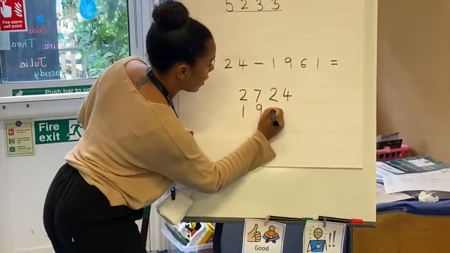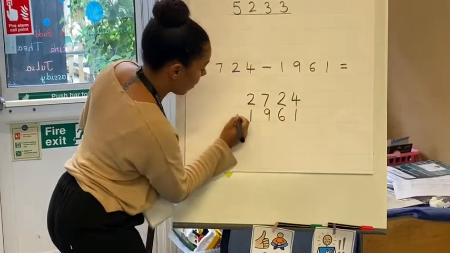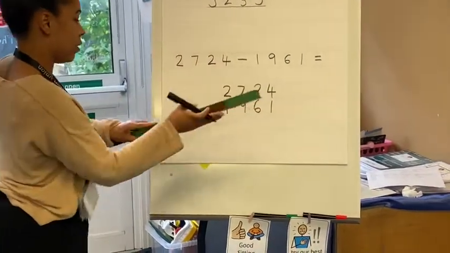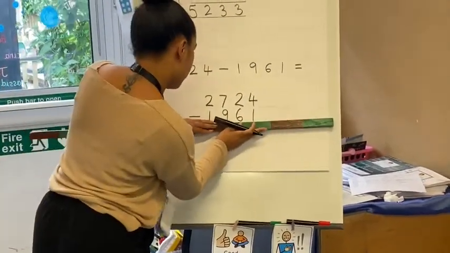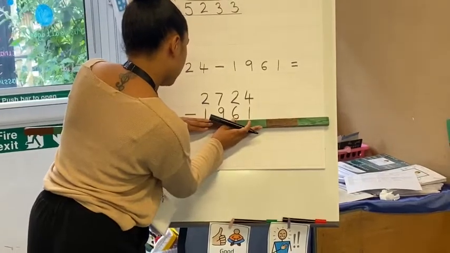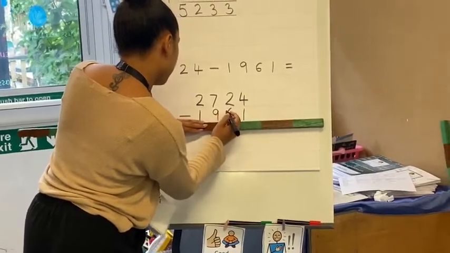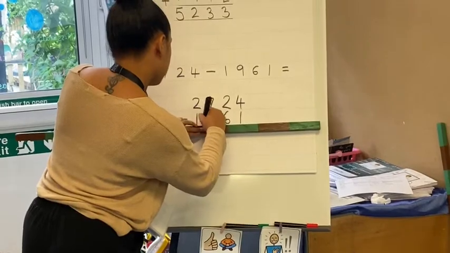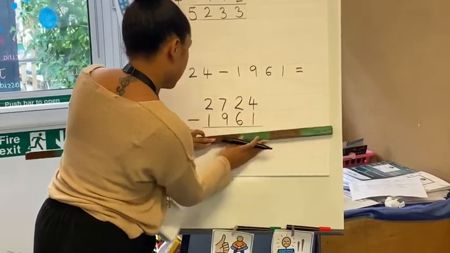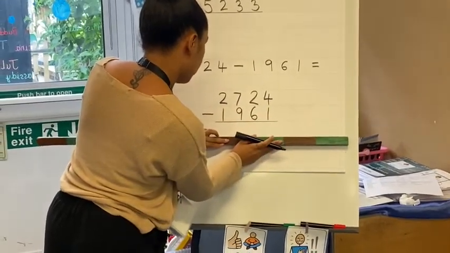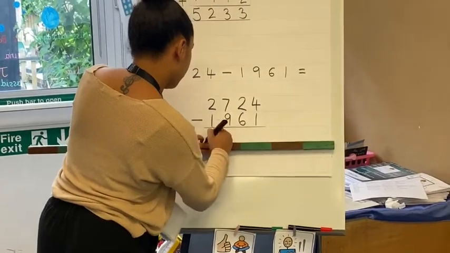Now my second number, making sure I'm thinking about place value. I'm thinking about my presentation as well with my ruler. A little bit harder with this stick, but you guys will have a normal ruler if you've got one at home.